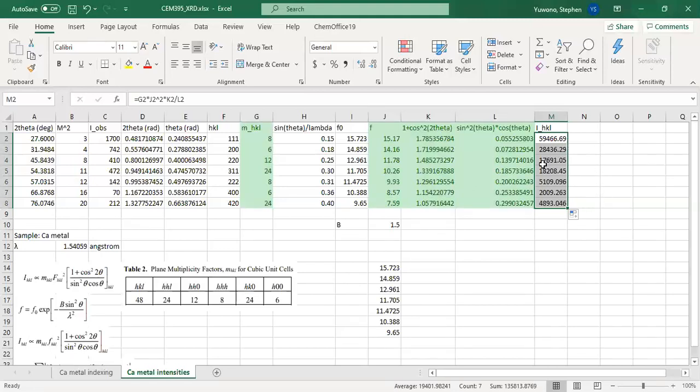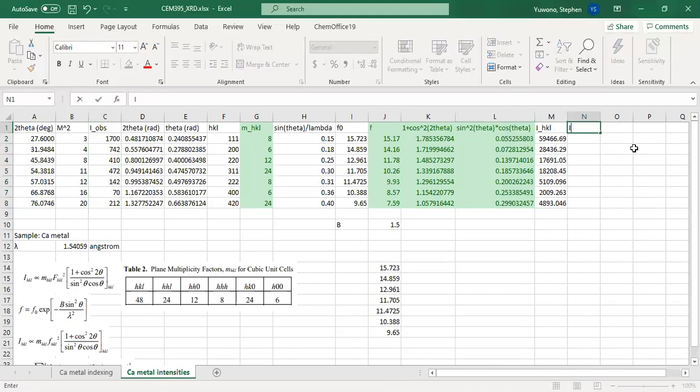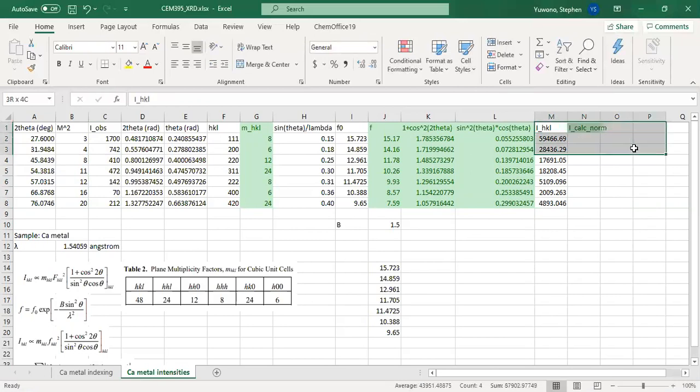But now, as you can see, it's very hard to compare this directly to the observed intensities that you have. So what we need to do in the next step is normalize it. So let's say that this is calculated and normalized. So it's doing that for everything. Let's make sure that all the cells are normally formatted.